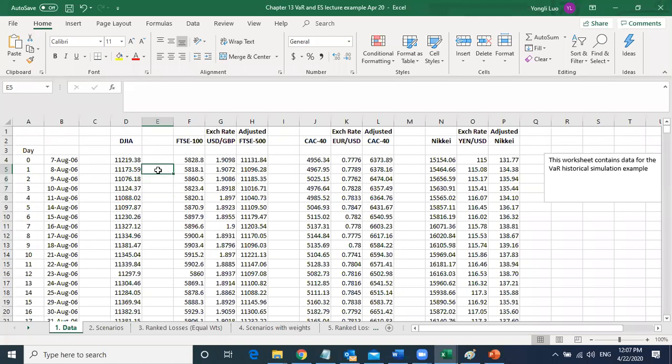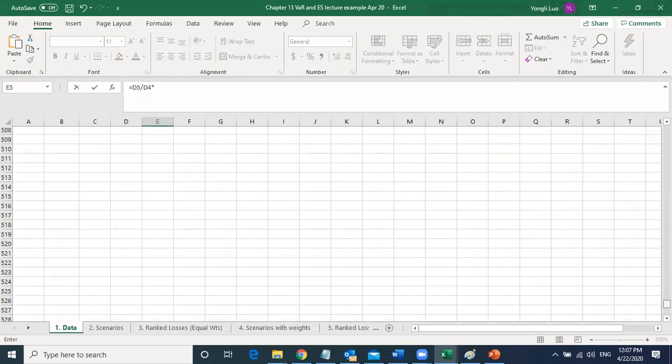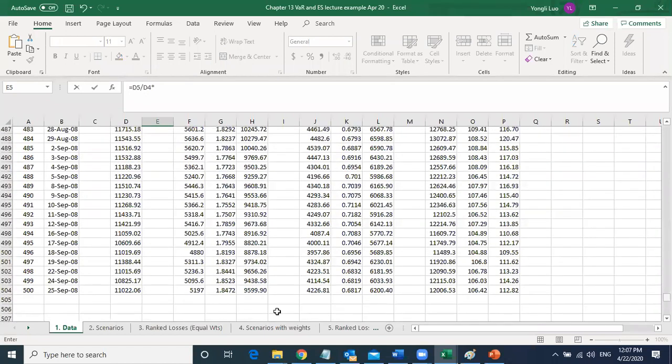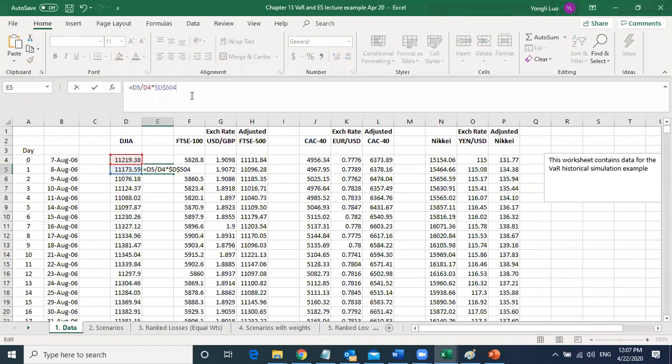The simulation is this one divided by the previous one, and then you times the last one. Make sure that this is the last one. You need to fix that, because you don't want that number to change for the last one.